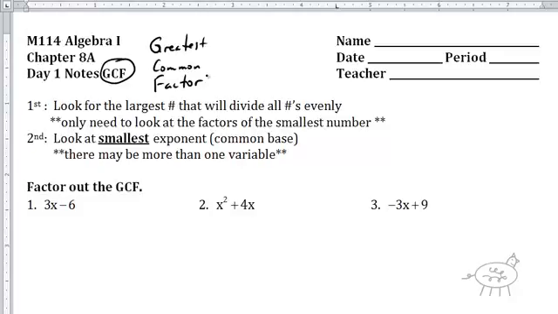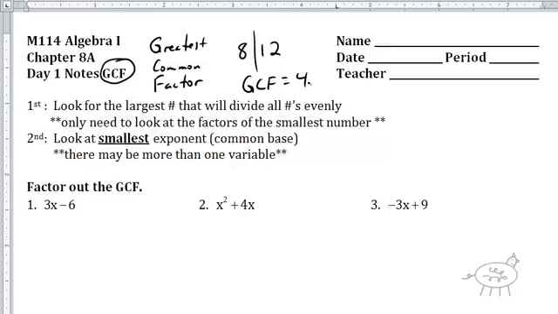So let me throw out the number you're looking at just randomly. If I said 8 and 12, what number goes into 8 and 12? What's the largest number? Well, 4. 4 goes into 8 twice, and 4 goes into 12 3 times. So my greatest common factor is 4.